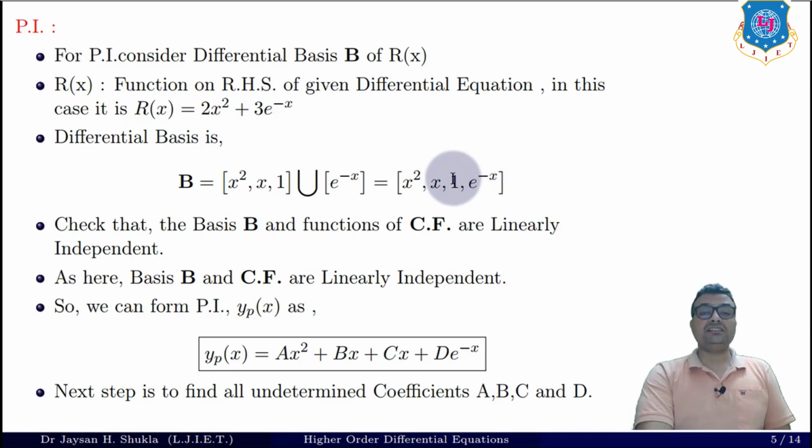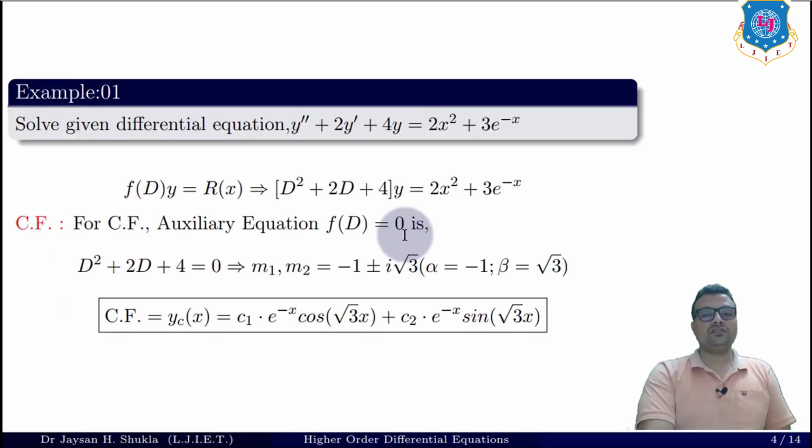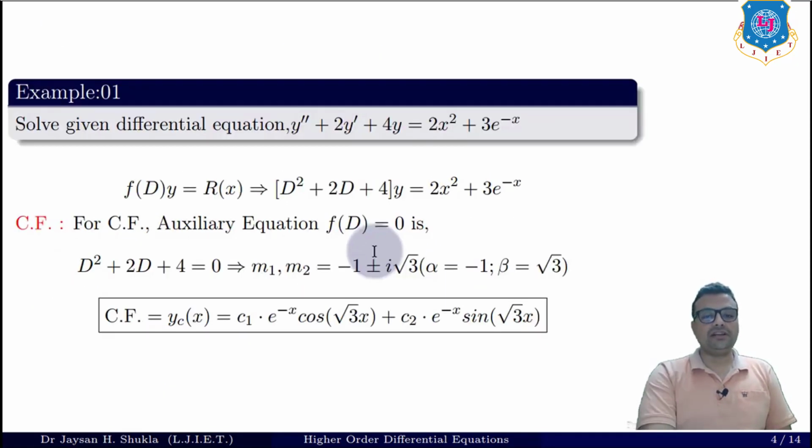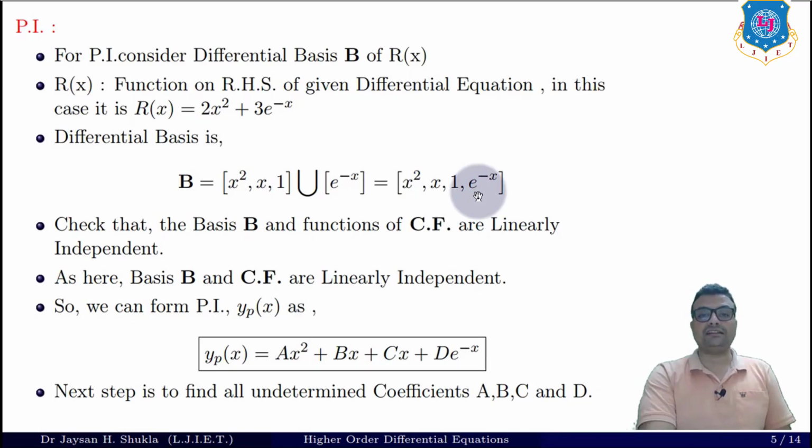Let us check whether there is any repetition of elements of the basis with elements of the complementary function or not. Here x square, x, 1, e raised to minus x are basis elements, and in the complementary function we have e raised to minus x into cos x. See, e raised to minus x is there, but it is multiplied with cos and sin, so this is a different function than this e raised to minus x.